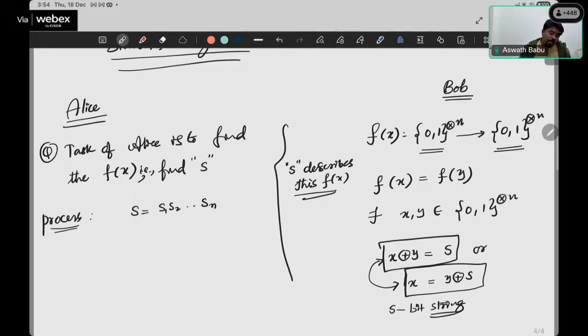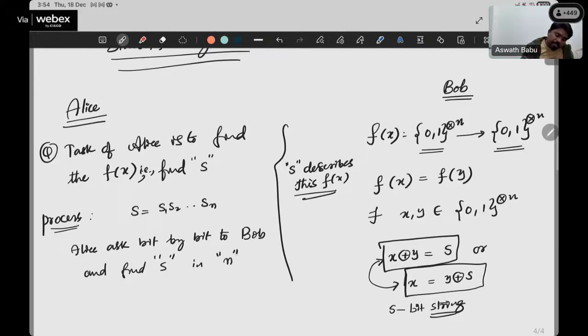So the process would be that Alice can ask Bob bit by bit and find s in how many steps? In n steps or n queries. So let's say n queries are required, right?